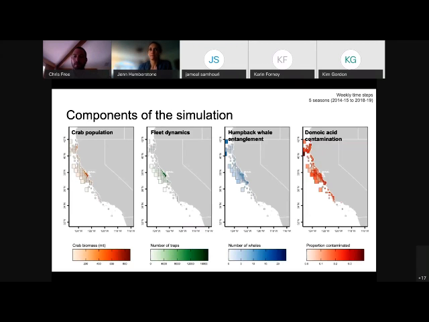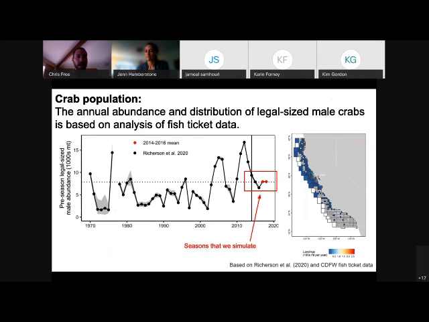And finally, we want to make sure that we test the robustness of the strategy to closures resulting from domoic acid or meat quality. So I'm going to briefly introduce each one of these components and give you some intuition about how the simulation works, and then we'll dive into some preliminary results.